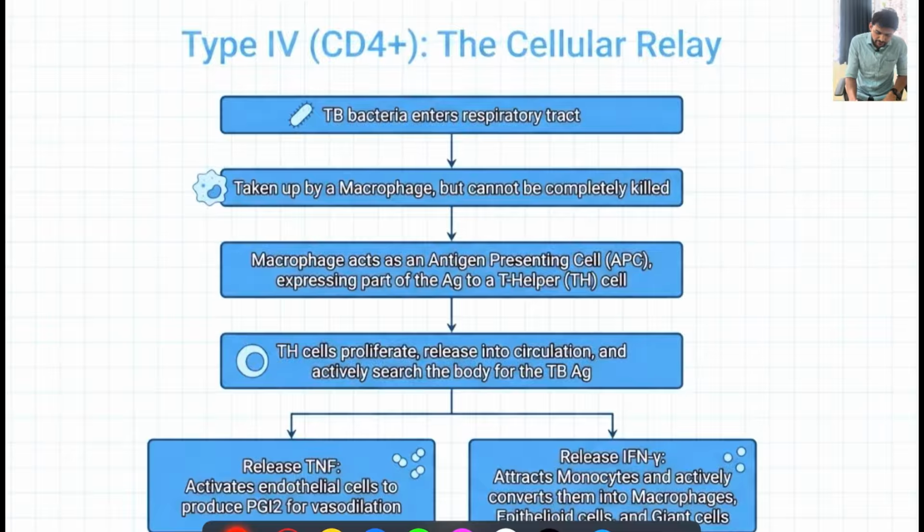That is what is explained in this one. When it comes to CD4 related, for example, tuberculosis bacteria enters the respiratory tract and is taken up by macrophages in the lung tissues, but it cannot be completely killed. So these macrophages present some part of the antigen to the helper T cells and act as antigen presenting cells.